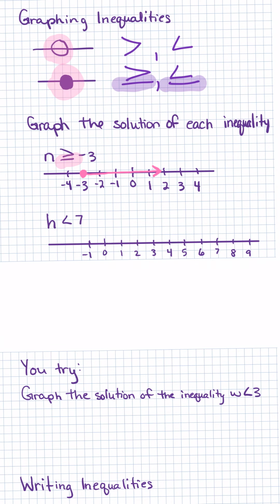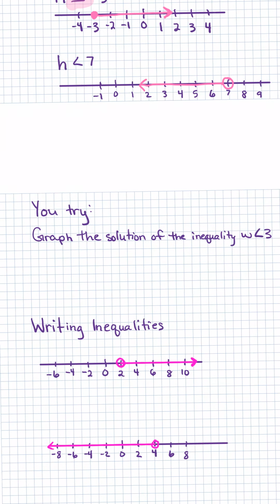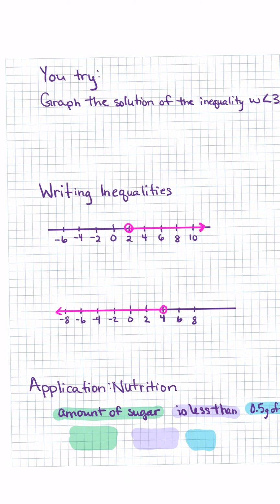H is less than 7. This does not have a line under it, so it's going to be an open circle, and it's less than 7. So therefore it's going to go this direction. There you go. Okay.